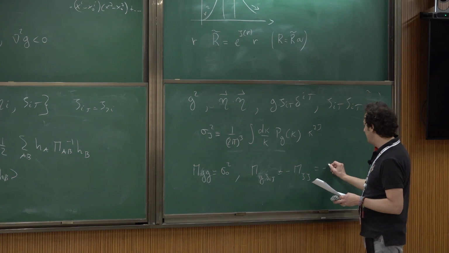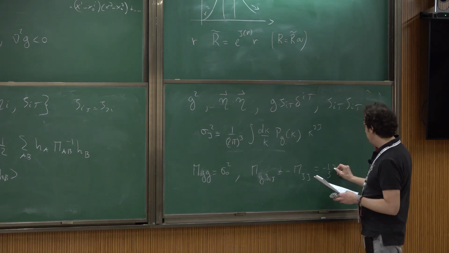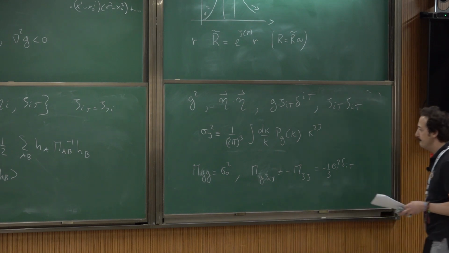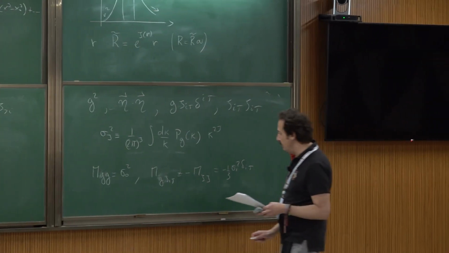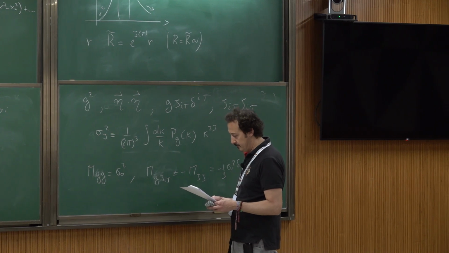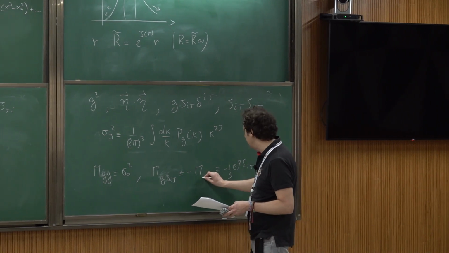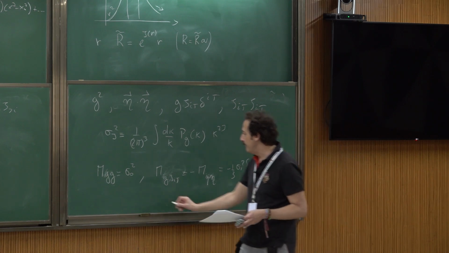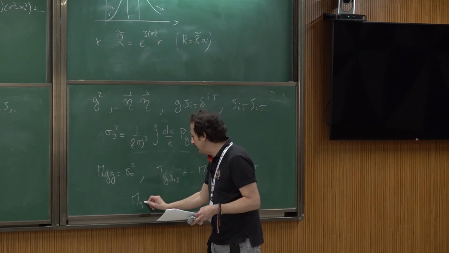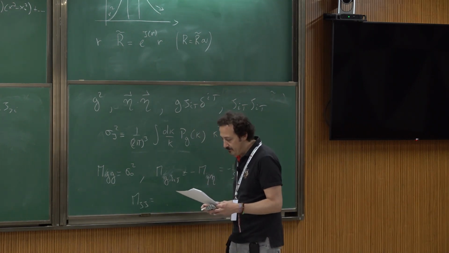This is equal to minus 1/3 sigma 1 squared delta ij. And then finally we have, sorry, this is eta. And then finally we have M psi. Not that you have to remember this now.